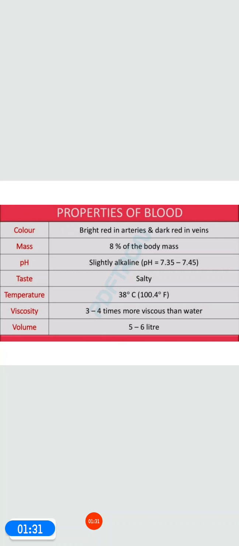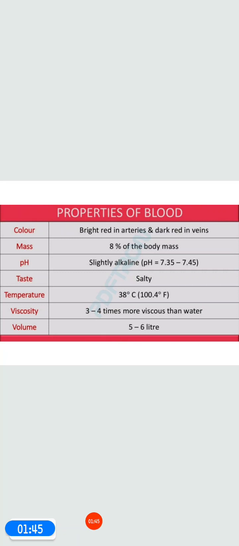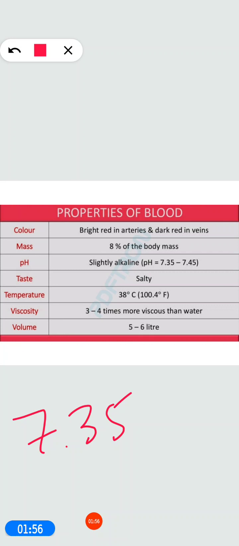These are the properties of blood. Blood is bright red in arteries and dark red in veins, and its mass is 8% of the body mass. The pH is slightly alkaline, that is 7.35 to 7.45, and the taste is salty.